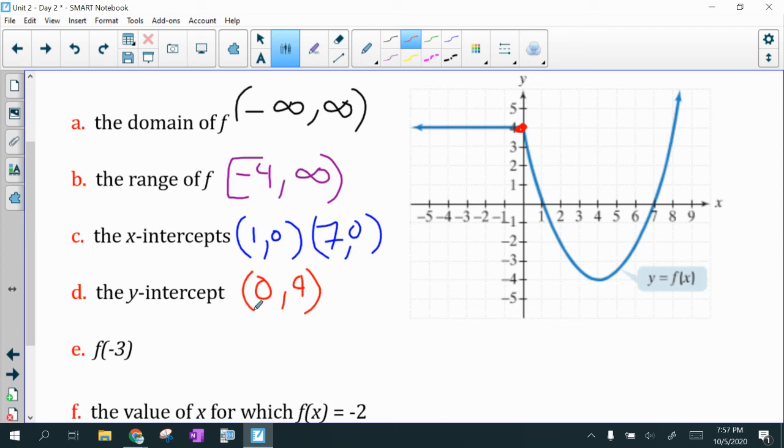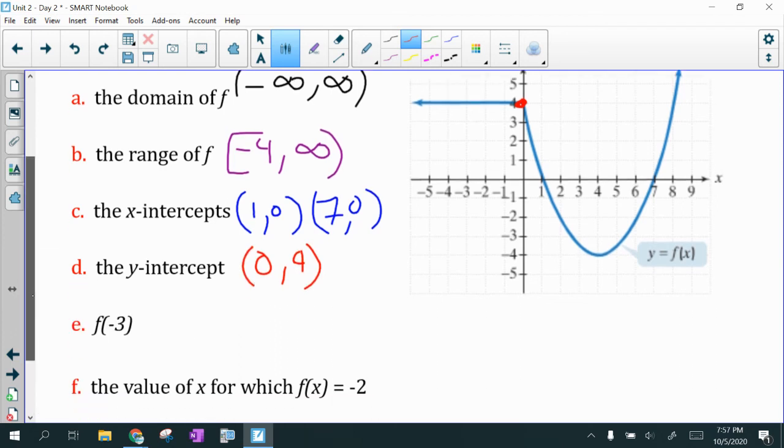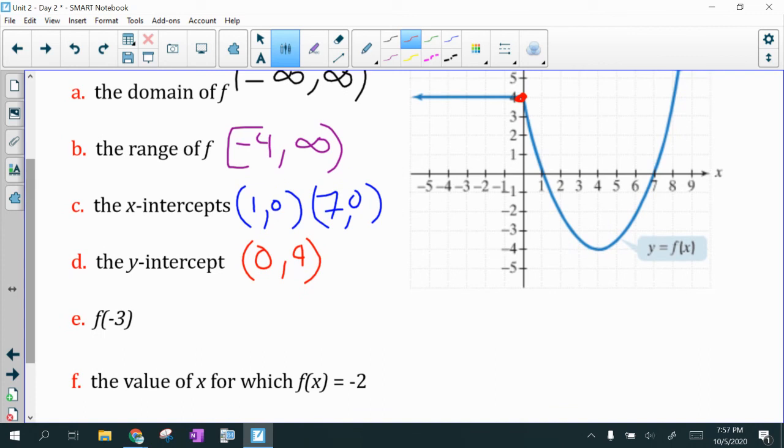All right. Last two, and I would emphasize, please make sure you're paying close attention on this. You're asked to find f of -3. Now this is applying stuff from the previous lesson. Remember, all this is saying is, what is the y-coordinate when I substitute in -3? So in other words, here's -3.